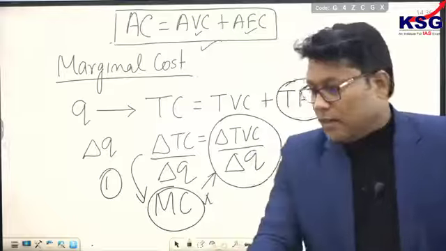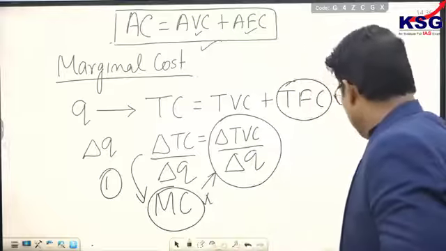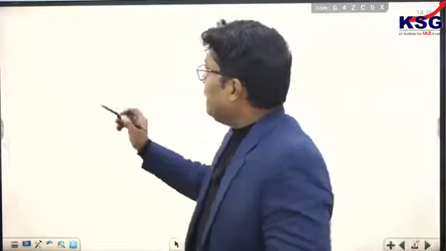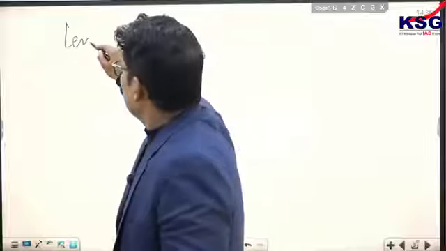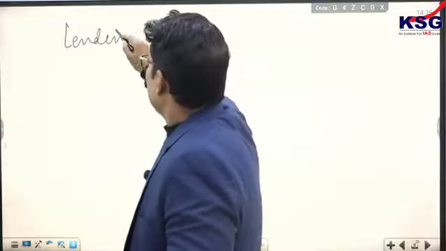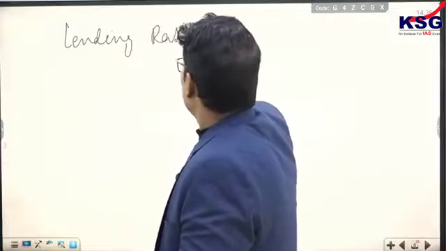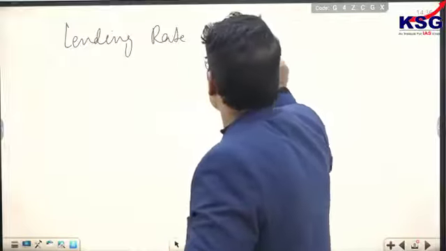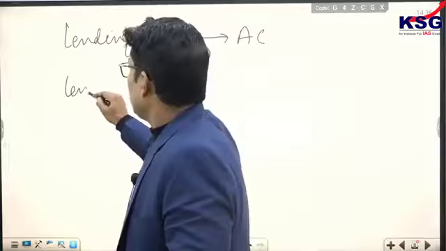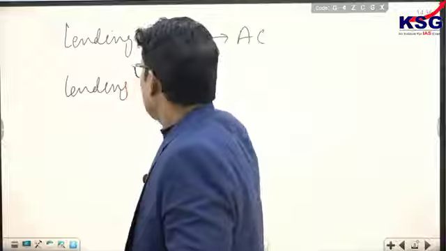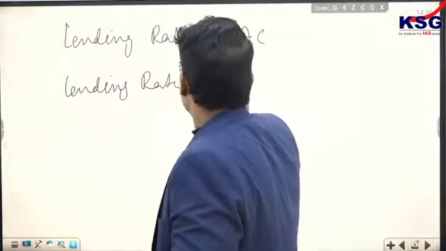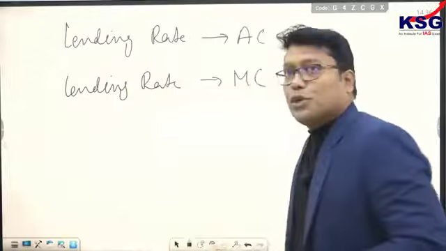Clear? So you understand now here, if lending rate you are deciding on average cost, and lending rate you are deciding on MC, marginal cost, which one is going to be lower?